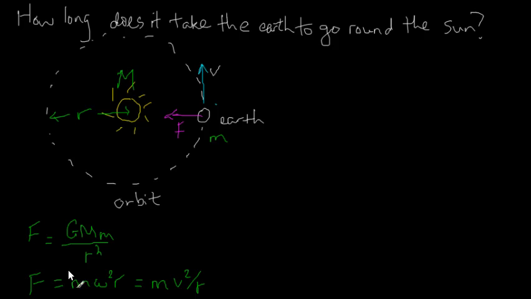Now the time doesn't appear here directly, but we know that it can be related to the velocity, either angular velocity or this linear velocity. So I'm going to try and write down an expression relating the angular velocity and the time as well. That should be helpful for what we want to do.